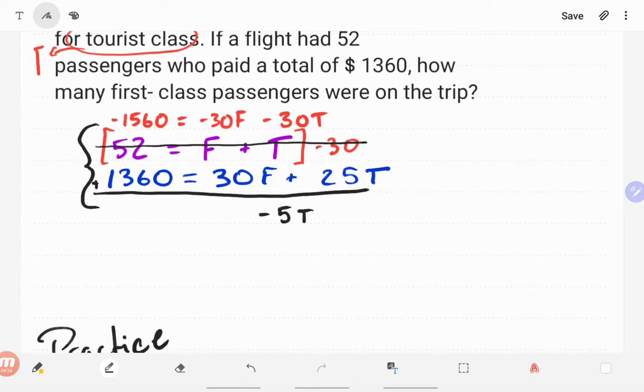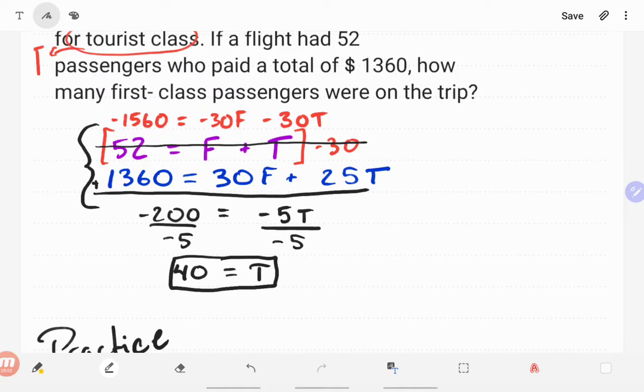And over on the left, I've got negative 1,560 plus 1,360, which gives me negative 200. So negative 200 is equal to negative 5T. If I want to solve for the number of tourist tickets, I just divide both sides by negative 5, and I get T, the number of tourist tickets, is equal to 40.